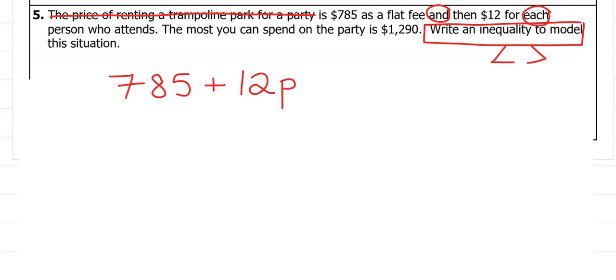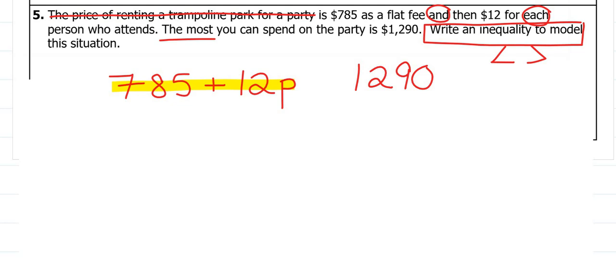All right. Now, it says the most you can spend is $1,290. The most. So the cost of the party cannot go above $1,290. So can you spend $1,290? Yes, you can. You can spend the most $1,290. But really, you need to spend less than that. So most likely, you want to spend less than that. So what this inequality should say is that 785 plus 12p is less than $1,290 or equal to.